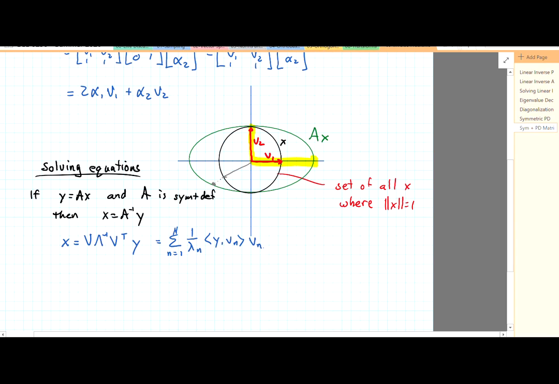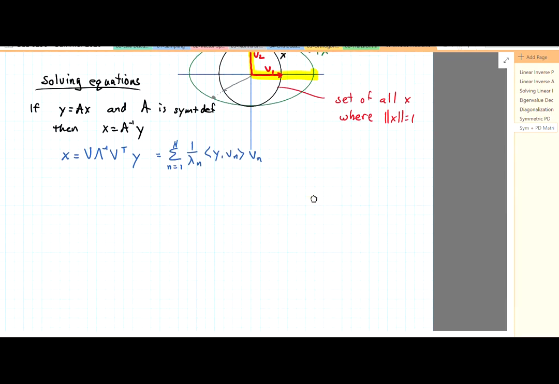So once we have the lambdas, the eigenvalues, and the eigenvectors, then the solution becomes simply a matrix multiply and a sum of vectors.